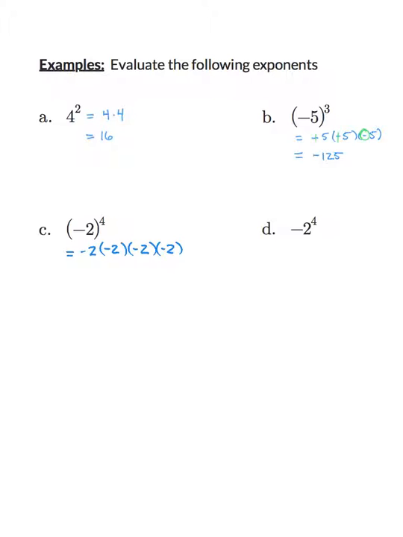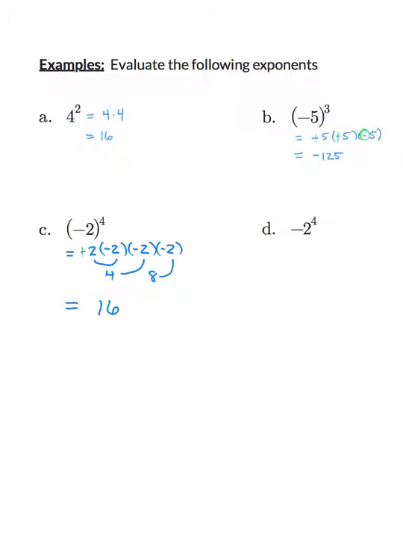We can go ahead and multiply the numbers together. 2 times 2 is 4, times 2 is 8, times 2 is 16. Now we want to figure out our sign. Since there is an even number of negatives, we end up with a positive 16.